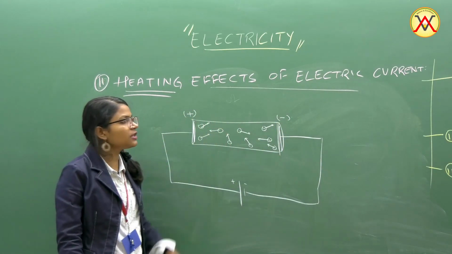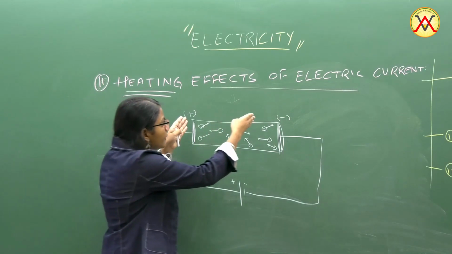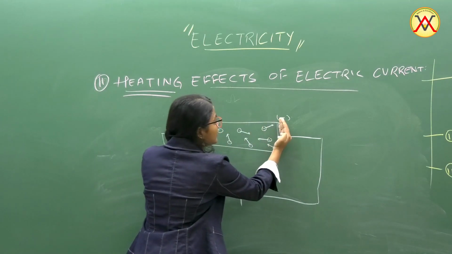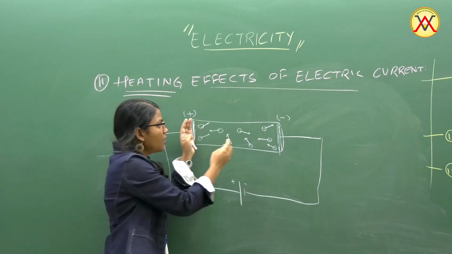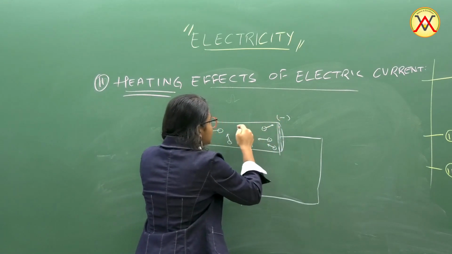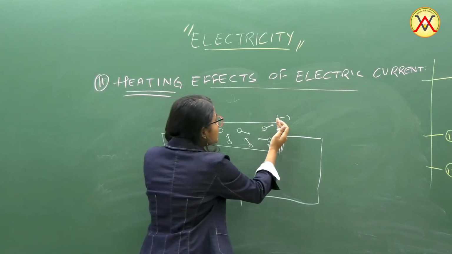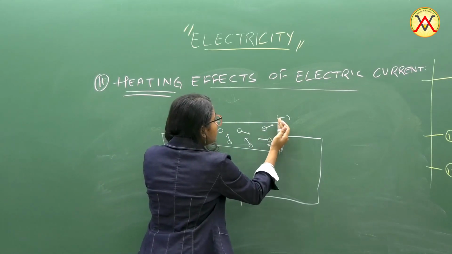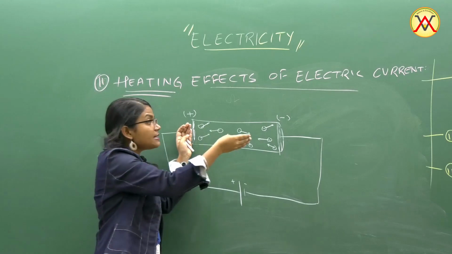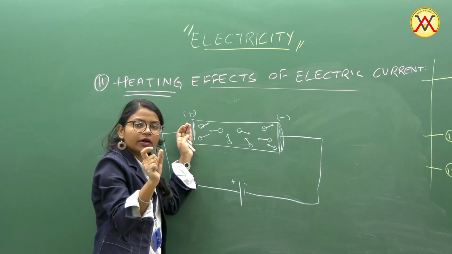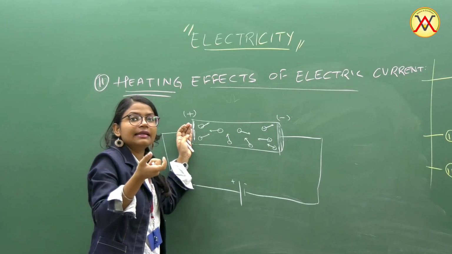So what happens with our electron? The potential difference across the ends of this conductor tries to give these electrons a sudden push. When these electrons get a push forward, they accelerate in a set direction. The important thing to notice over here is a set direction.